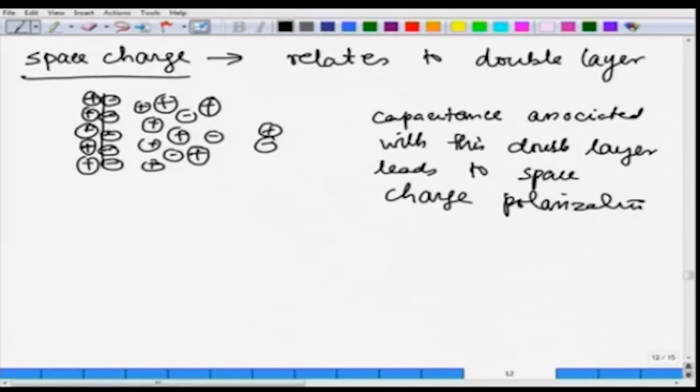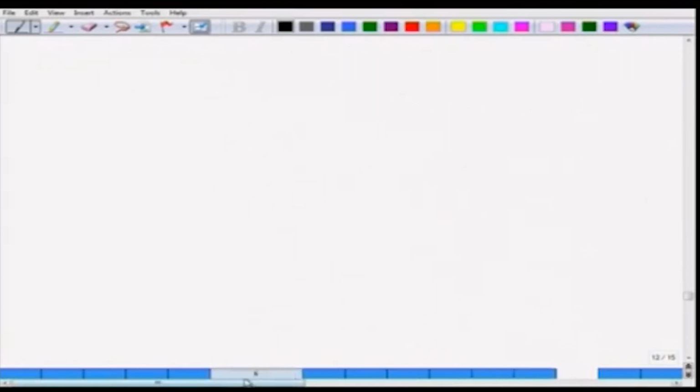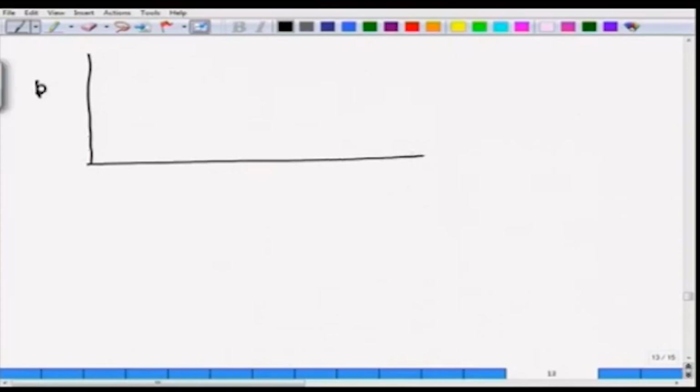Finally, let me show you how this looks if I plot k prime, the dielectric constant, versus frequency. Let us say this is 10 to the power 0, 10 to the power 2, 10 to the power 4, 10 to the power 6, 10 to the power 8, 10 to the power 10, 10 to the power 12, 10 to the power 14, 10 to the power 16.